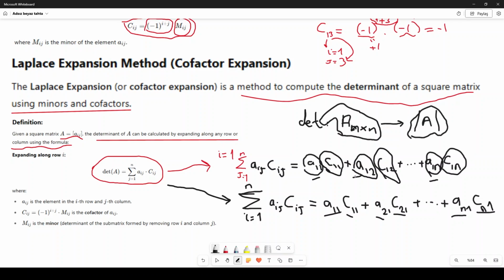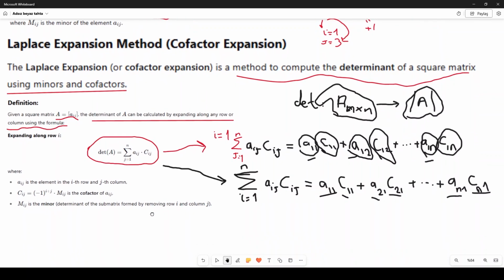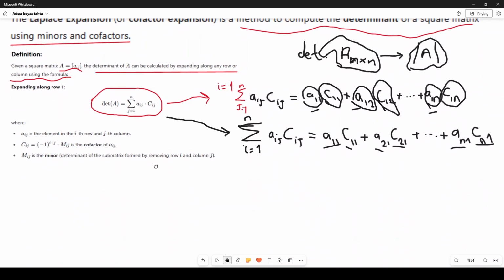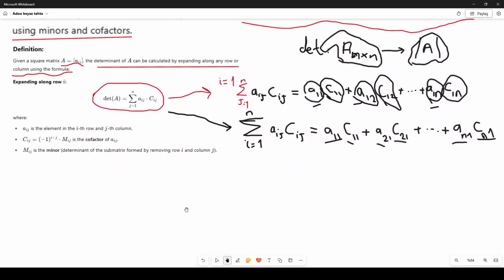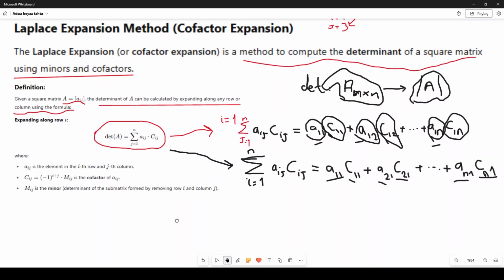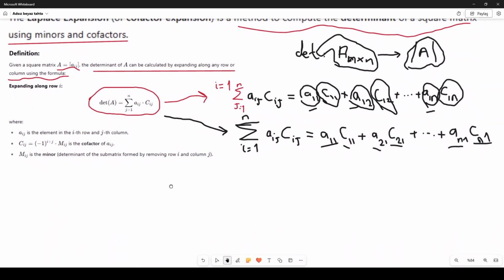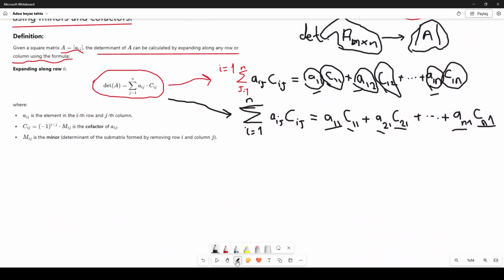So we can consider it as a function like this. All right then, having understood what a minor is, what a cofactor is, how can we find the determinant of a given square matrix by using cofactor expansion? Now let's get back to our main point. Let's give an example and see how we can apply this formula.